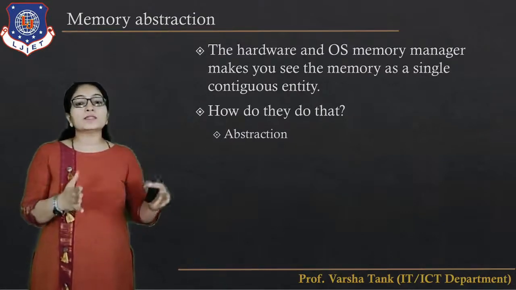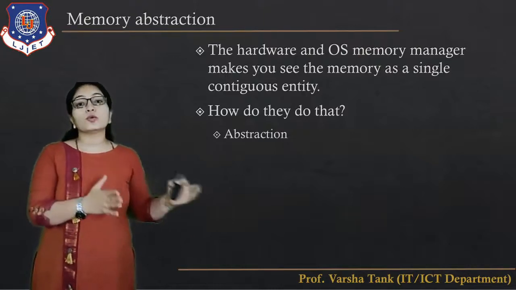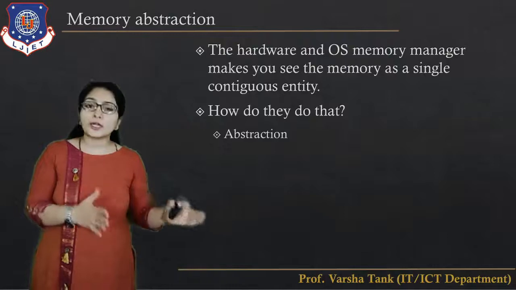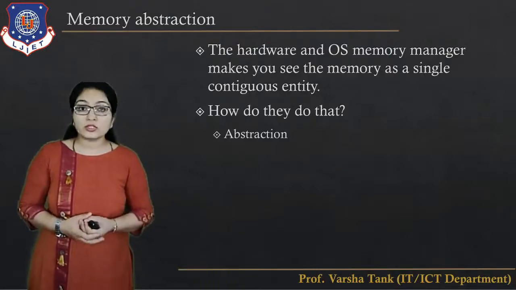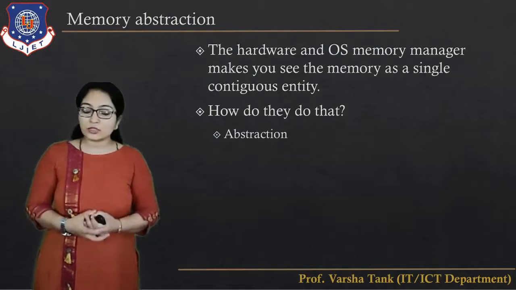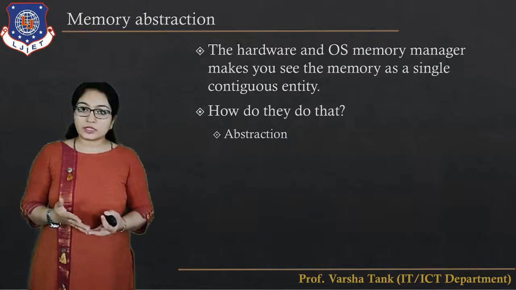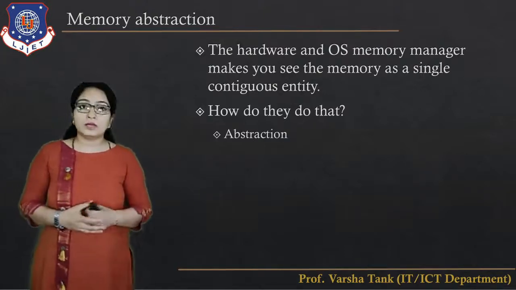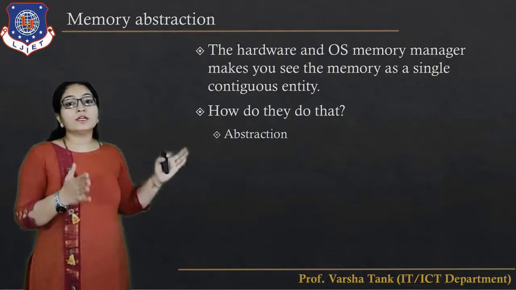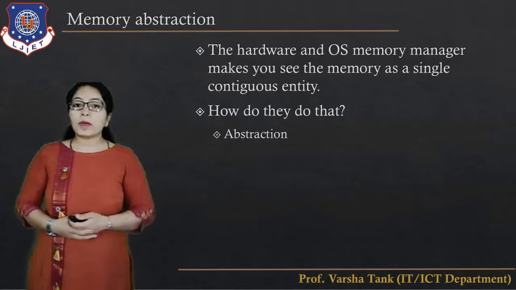You will continuously get access to it, but you will not know where the process is stored, whether it is continuous or non-continuous, or whether it is stored at different locations, even on a different hardware device. You don't know anything about this. That is known as abstraction, and how the hardware does everything is because of this abstraction. So that is known as memory abstraction.